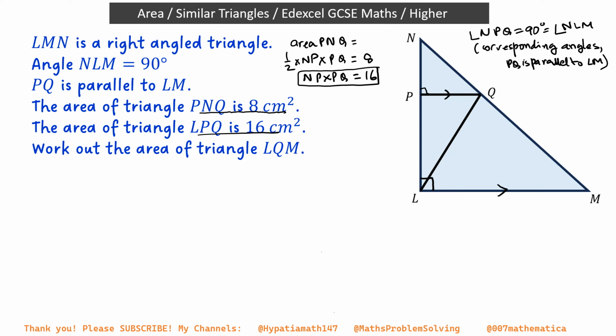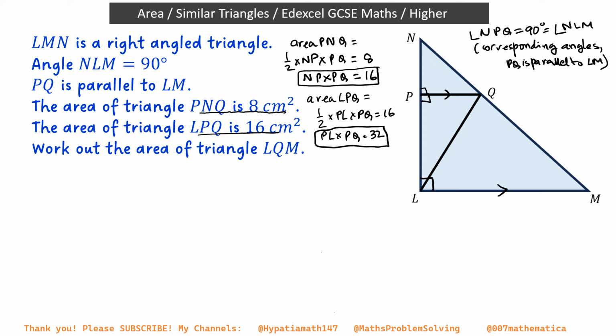The next thing is the area of triangle LPQ. Again, we have this as 90 degrees. So area LPQ is equal to half times PL times PQ, and that equals 16. So PL times PQ would be equal to 32.